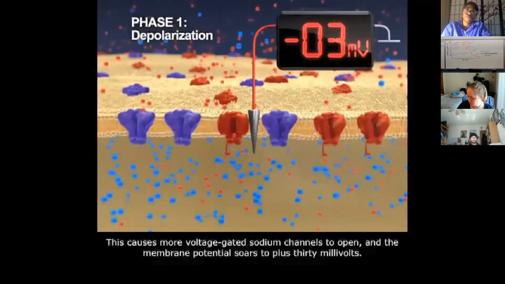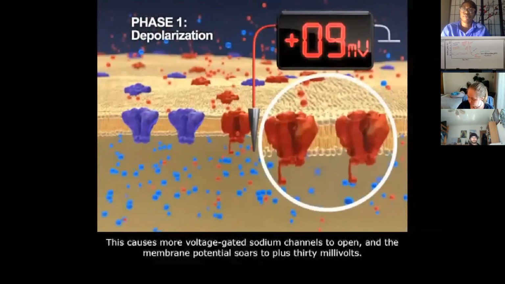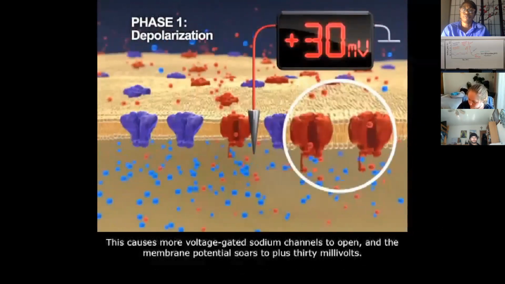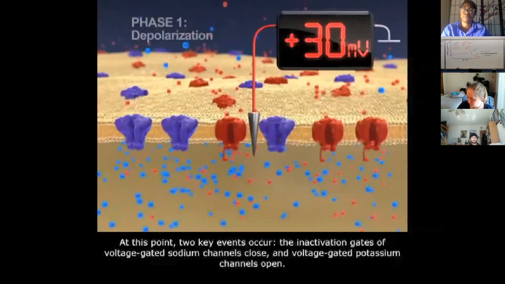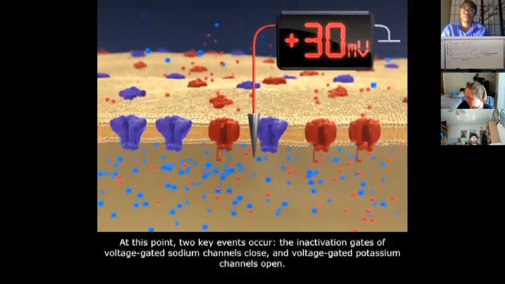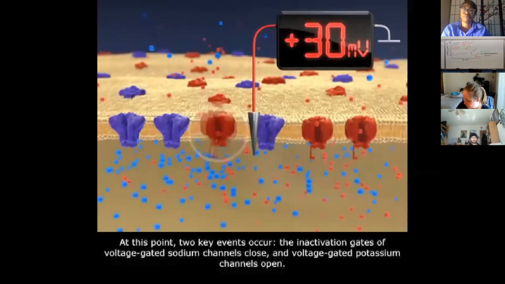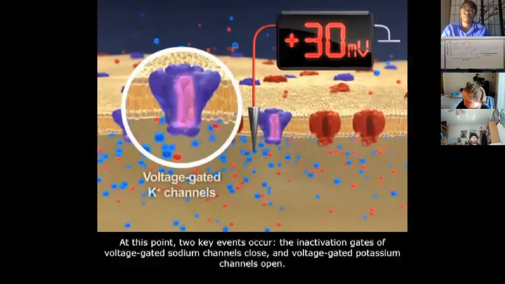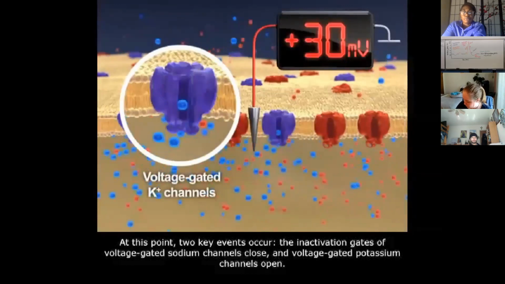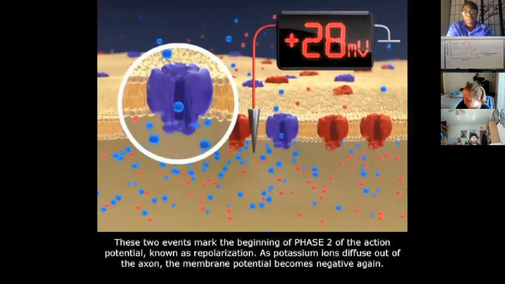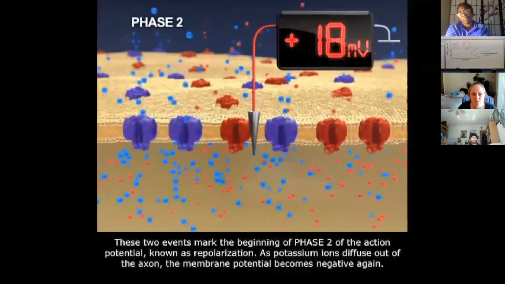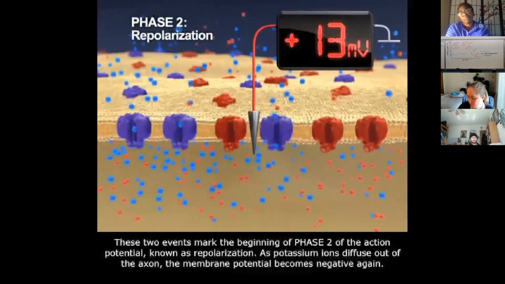This causes more voltage-gated sodium channels to open, and the membrane potential soars to just over 30 millivolts. At this point, two key events occur. The inactivation gates of voltage-gated sodium channels close, and voltage-gated potassium channels open. These two events mark the beginning of phase 2 of the action potential, known as repolarization.